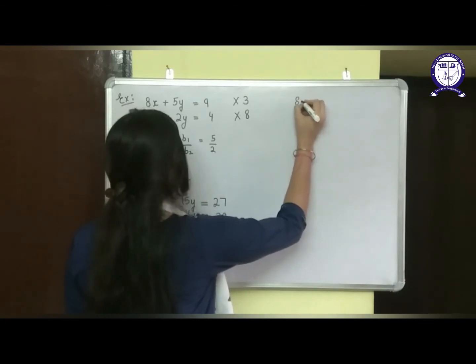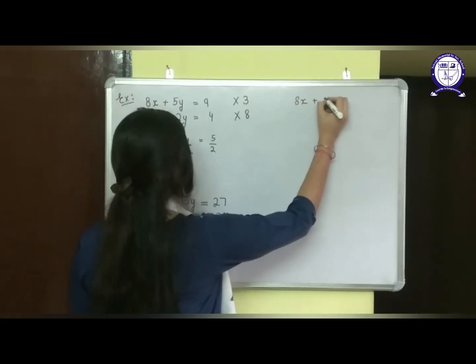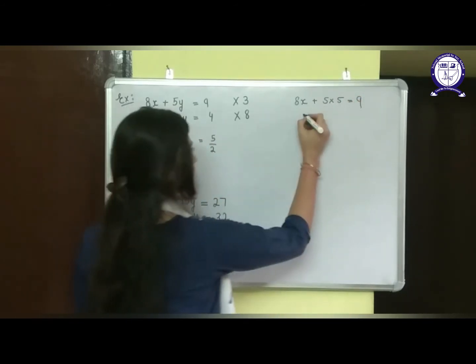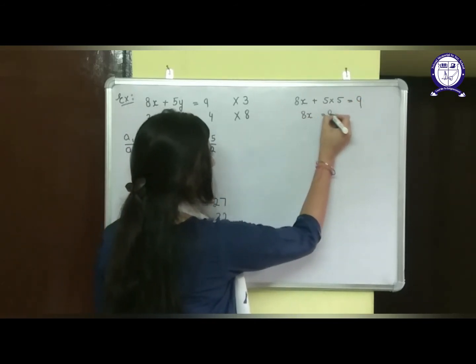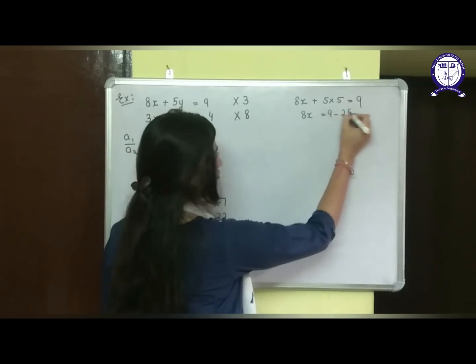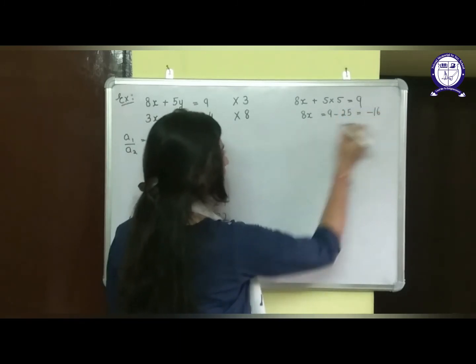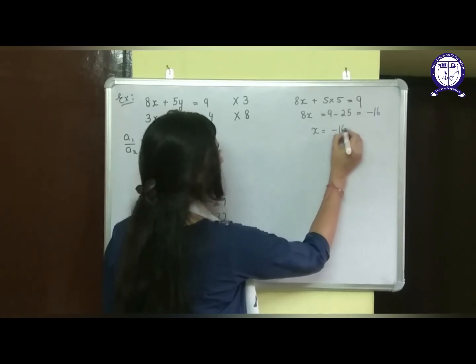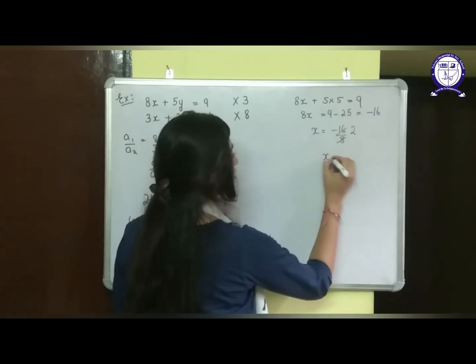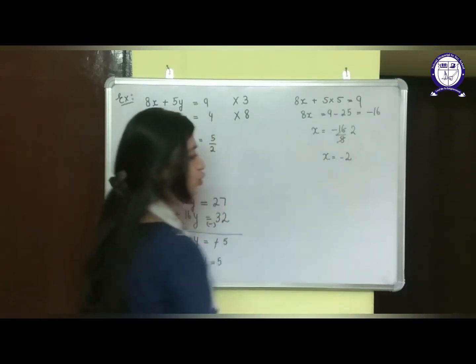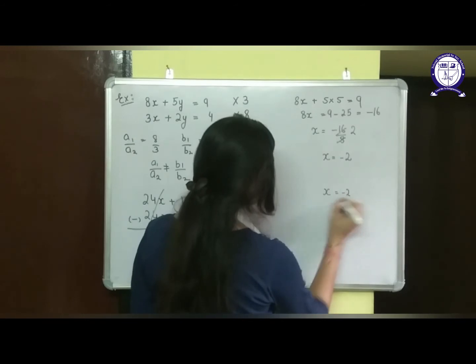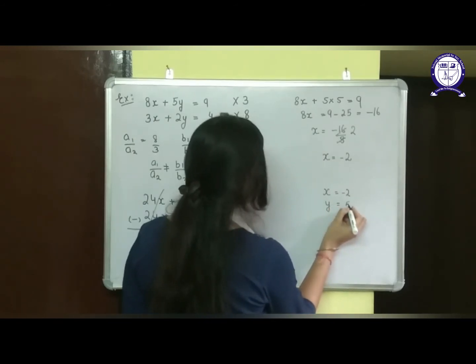So 8x plus 5 into 5 equals 9. 8x equals 9 minus 25, which is minus 16. So x will be minus 16 upon 8, that is x equals minus 2. So my answers are x equals minus 2 and y equals 5.